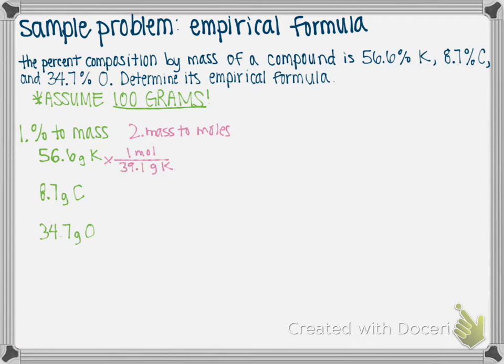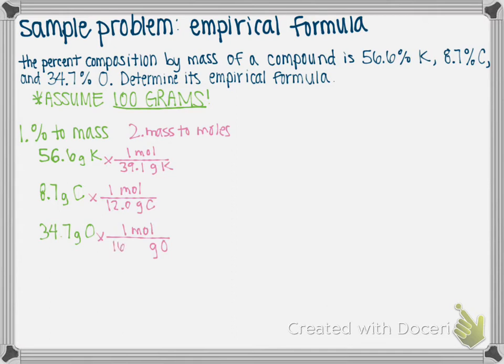Your carbon, set it up the same way. Grams of carbon goes on the bottom because they need to match diagonal. Mass is 12.0 grams per 1 mole. And oxygen, grams oxygen on the bottom per 1 mole. And mass on the periodic table is 16.0.